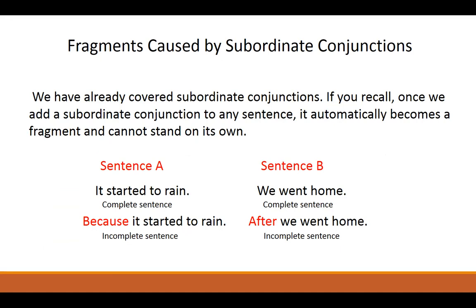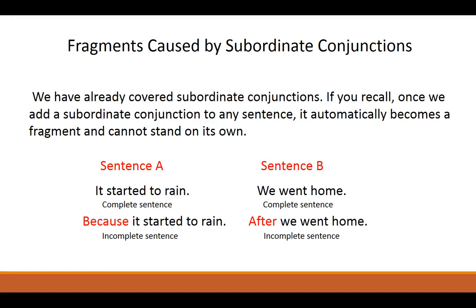So we had a little discussion about subordinate conjunctions before. If you recall, once we add a subordinate conjunction to any sentence in the world, it automatically becomes a fragment. It cannot stand on its own. These subordinate conjunctions create what we call multi-word adjectives and adverbs, basically adverbs in most cases. So in sentence A and sentence B, it started to rain. Started is my verb, it is my subject.